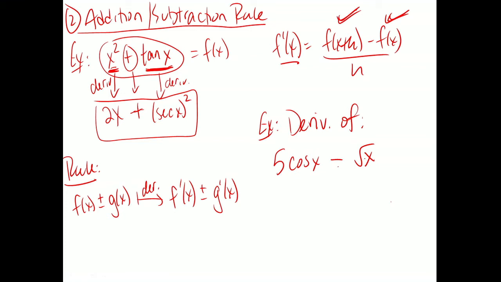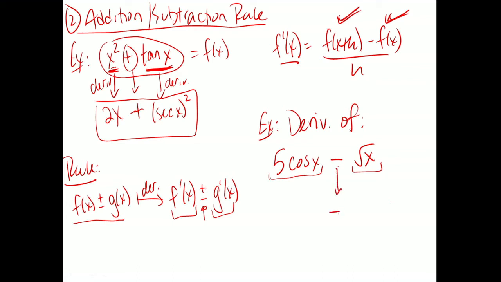Well, for starters, what is it that I'm looking at? Well, I've got one function minus another function. Okay, so the first thing I can say is, this would invoke, I guess, this new rule that we just talked about, the addition and subtraction rule, which says if you want to do the derivative of something like this, just do each piece separately and then add or subtract at the end. So that's easy, right? I can certainly say that.